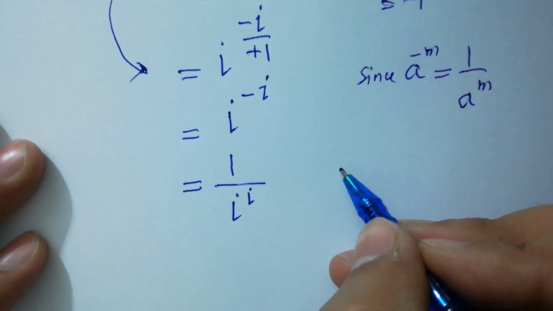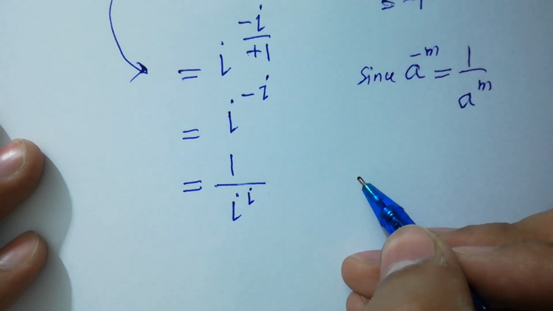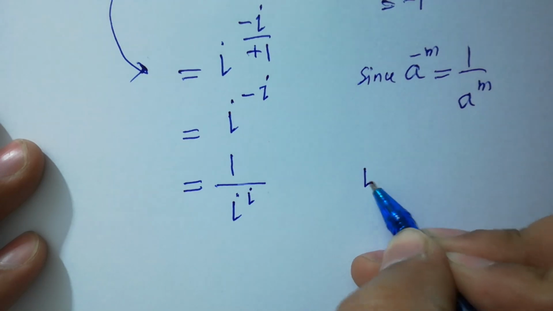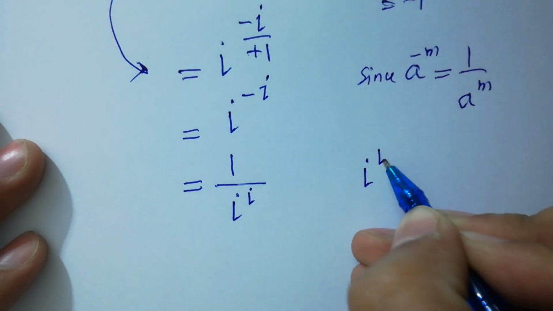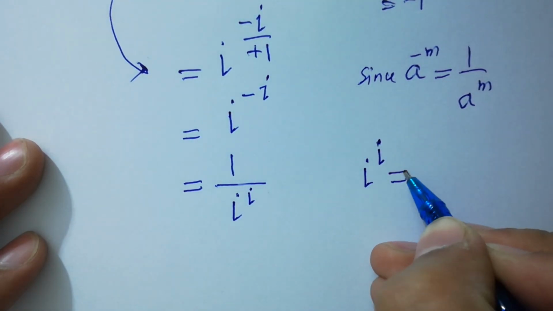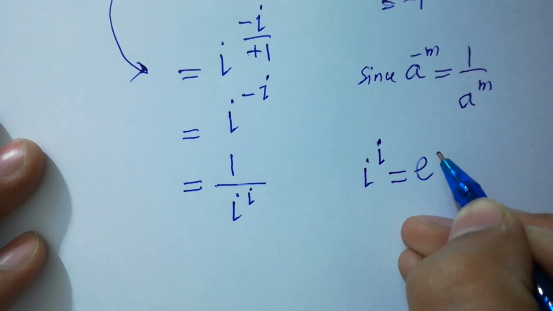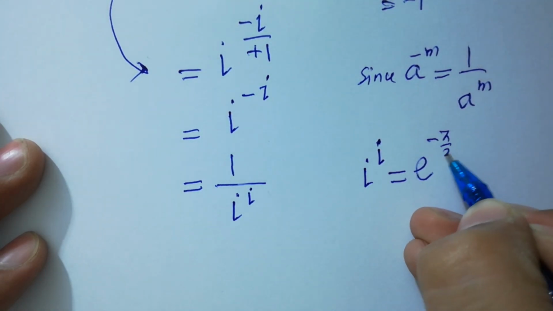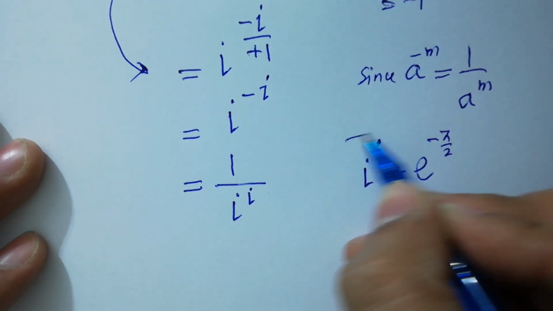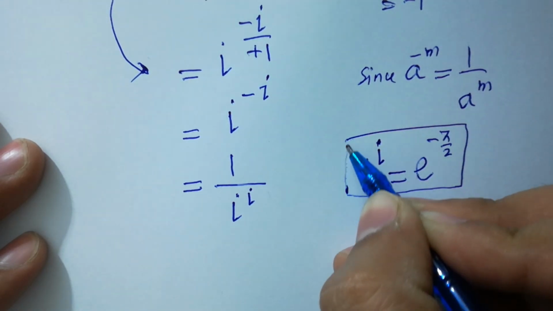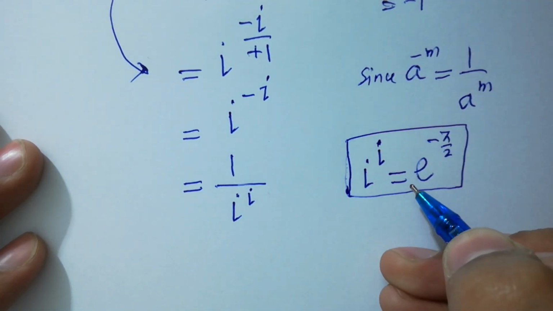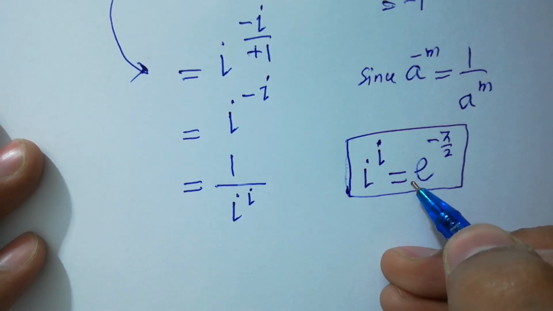As I have already proved and solved it, i to the power i equal to e to the power minus pi over 2. Its solution you can see at end part of this video.